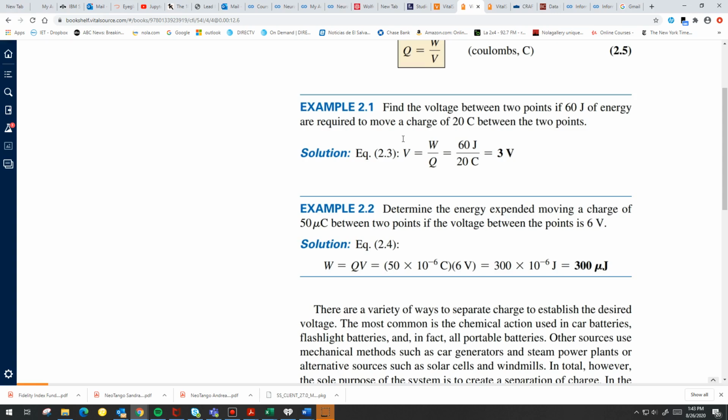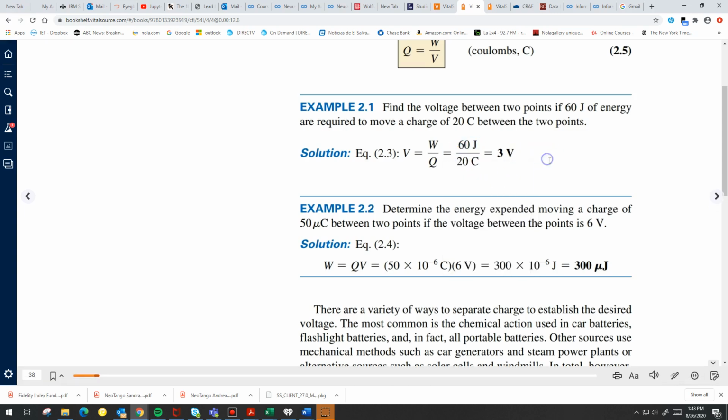In terms of voltage, then we say that the voltage between those 2 points is given by the energy required to move that charge, which in this case is 60 joules, divided by the total charge, which is 20 coulombs. So the voltage between the 2 points is 3 volts.